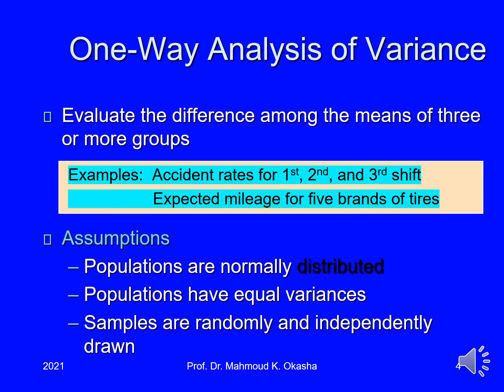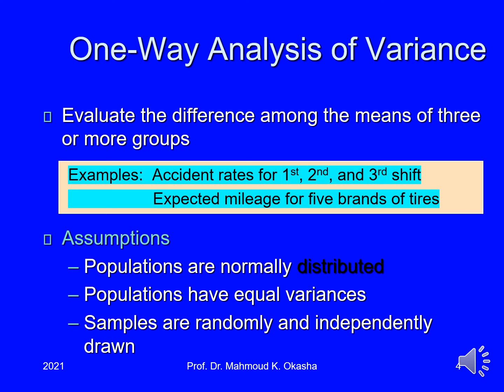For example, accident rates for the first, second and third shift, and expected mileage for 5 brands of tires. Accident rates can be high. Are they higher in the first shift or second shift or third shift?